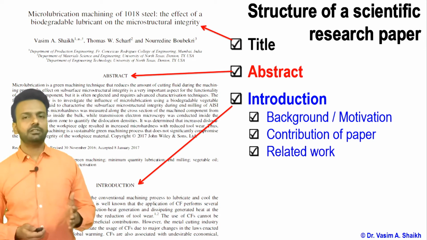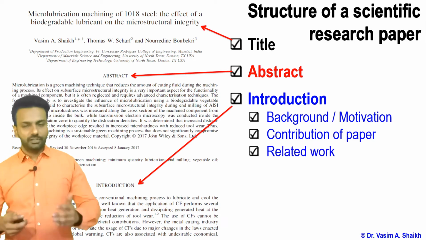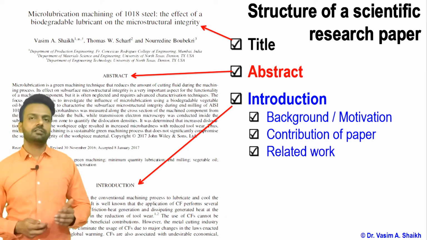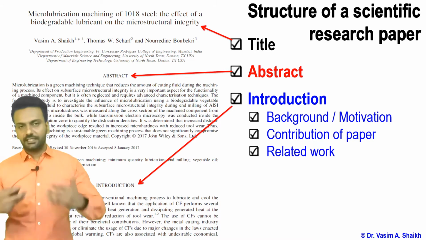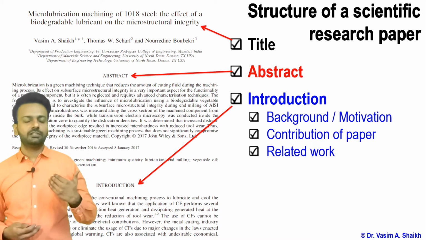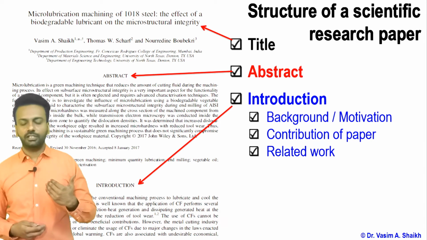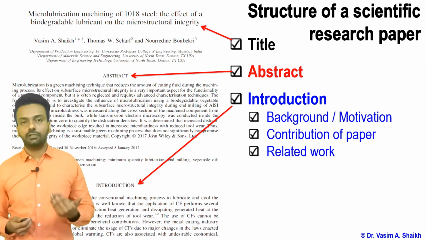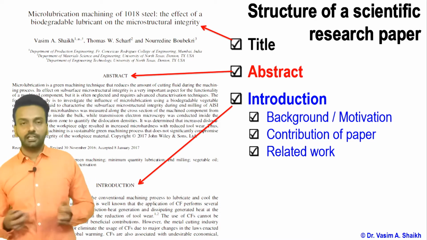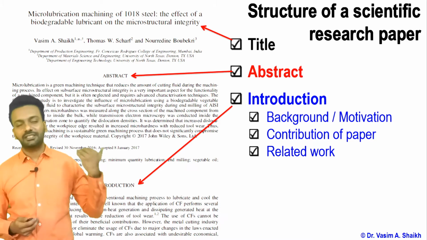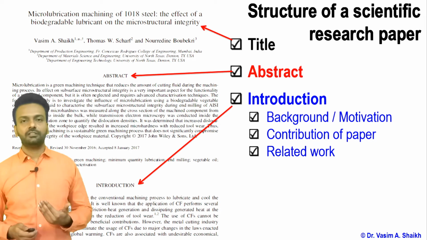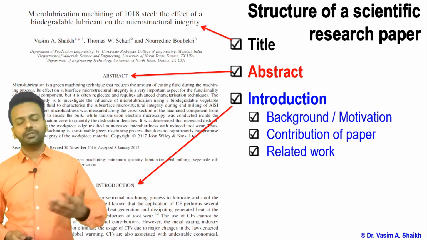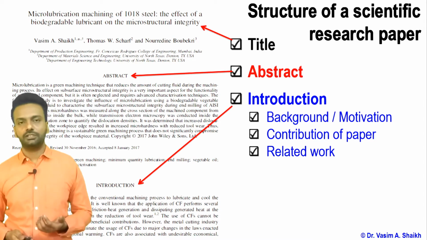Then related work. Related work means maybe this paper is a second step of the earlier paper which the authors have published. You need to see whether the related work is published in a good paper, what the related work was, and whether there is a gap between the earlier work and this work. That is also very important. You get that information in the introduction only.